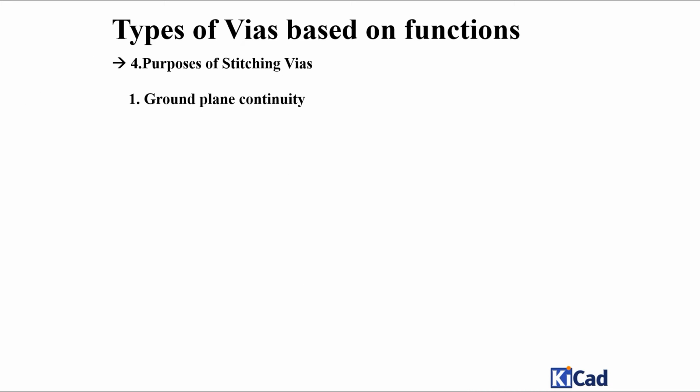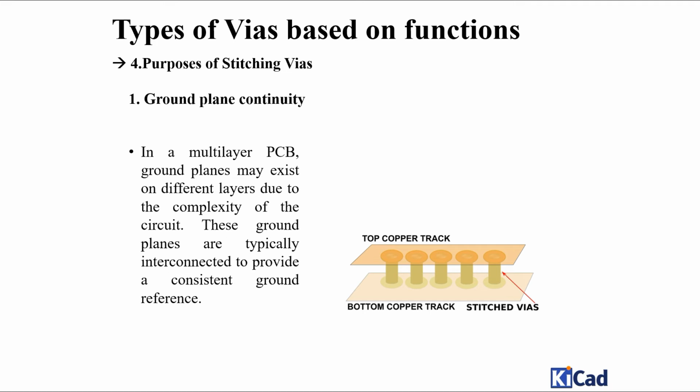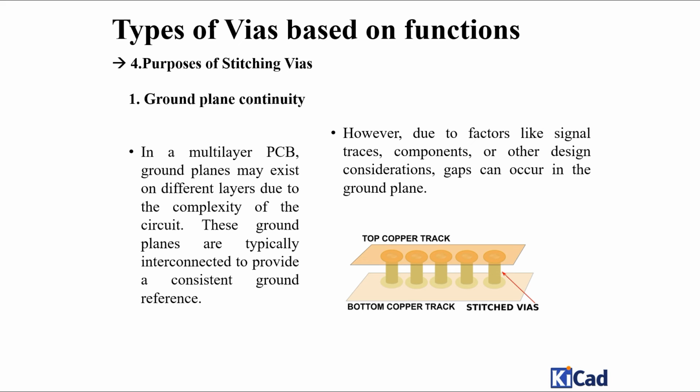So the purpose of stitching via, the first one is ground plane continuity. In a multi-layer PCB, ground planes may exist on different layers due to the complexity of the circuit. These ground planes are typically interconnected to provide a consistent ground reference. However, due to factors like signal traces, components or other design considerations, gaps can occur in the ground plane.